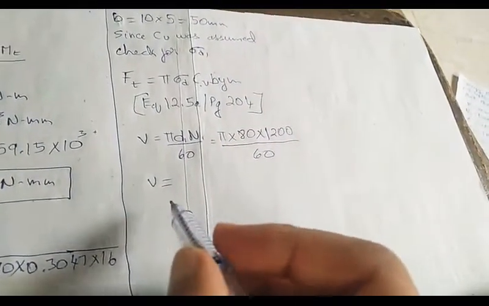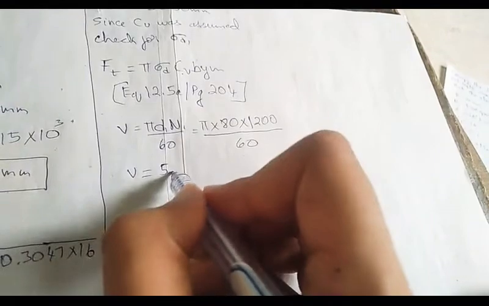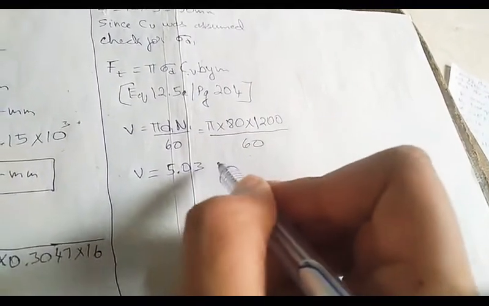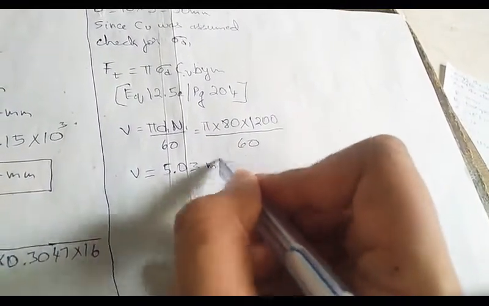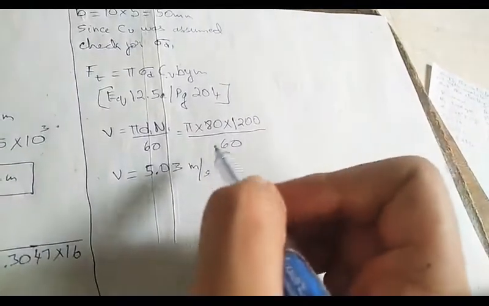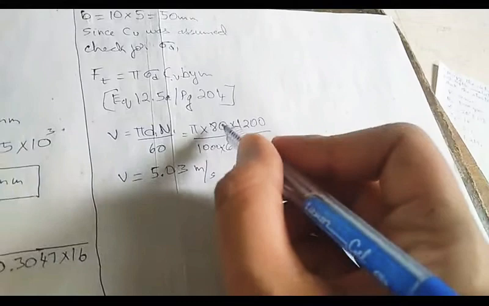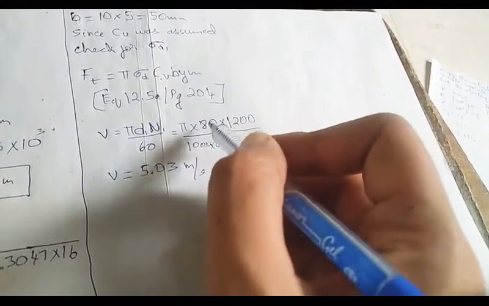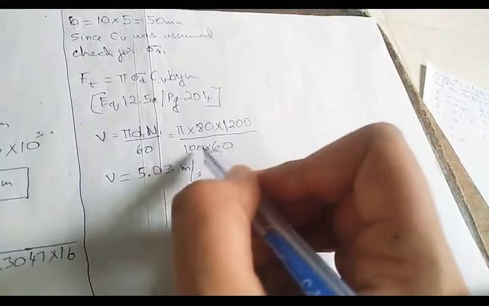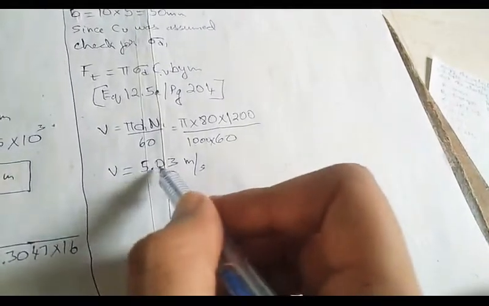We will get the value of velocity as 5.03 meter per second. Here I have to include 1000 because this 80 is in mm. So to convert that to meters, I have included 1000. So I get 5.03 meter per second.